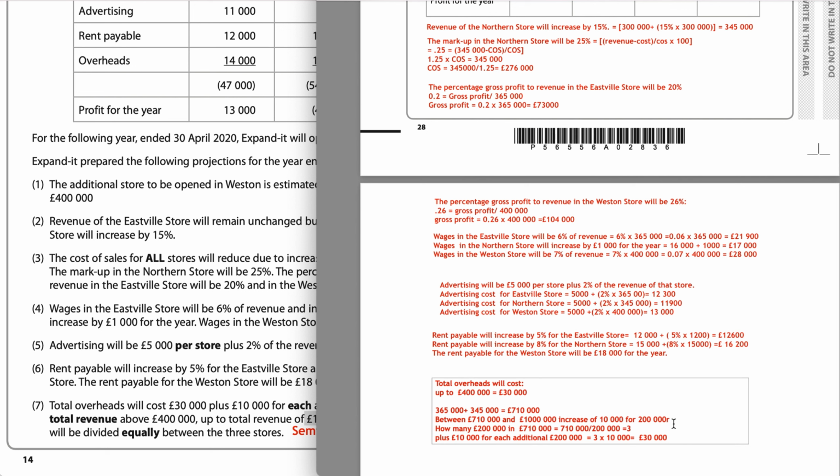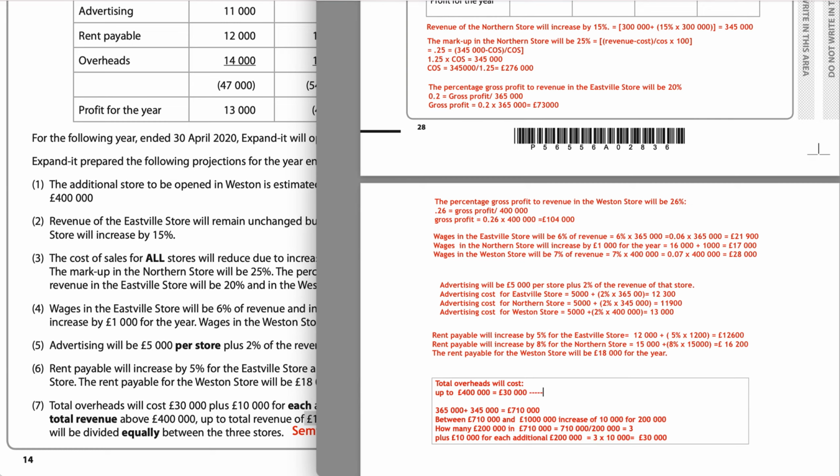So that's what we have to calculate. In 710,000 there will be 3 200,000s, and each will cost 10,000, so 3 times 10,000 is equal to 30,000 pounds.